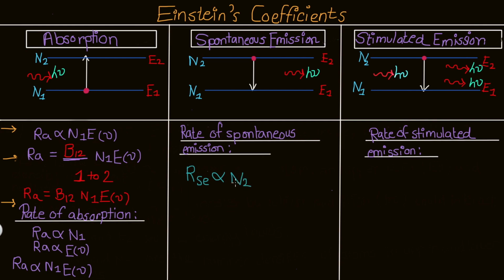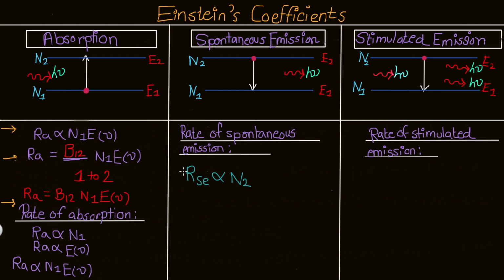It kind of makes sense because you don't have any photon coming in to trigger it. It's just a spontaneous emission. So it depends on the upper level, which is the N2 number density of atoms. It only depends on the number density of the upper level. So it spontaneously jumps from the upper level to the lower level, and that causes a photon to be released.